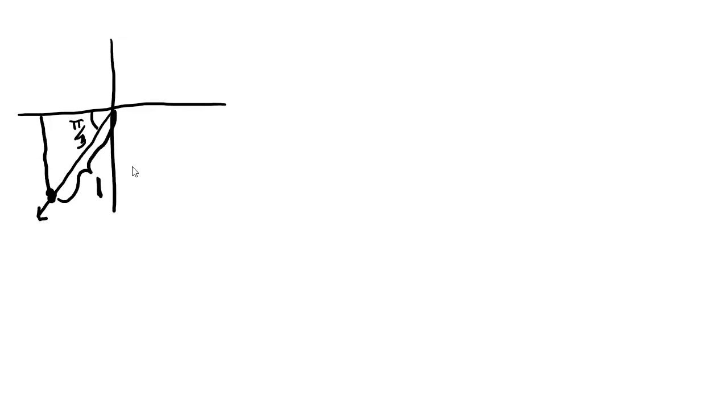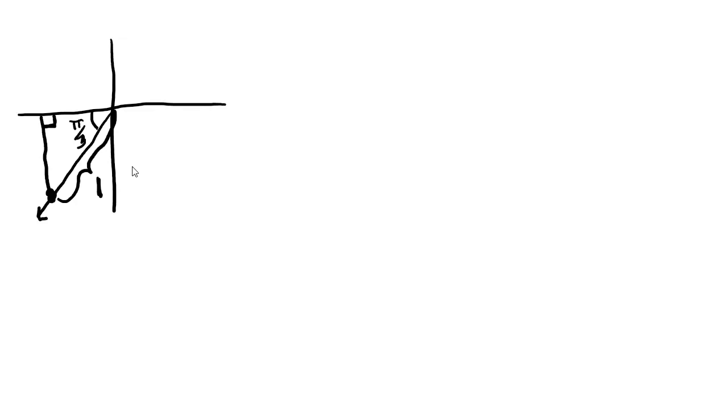This is what we mean when we set r to 1, right? Now this line, if I drew it correctly, is a straight line between the x-axis and this point. So that creates a right angle.